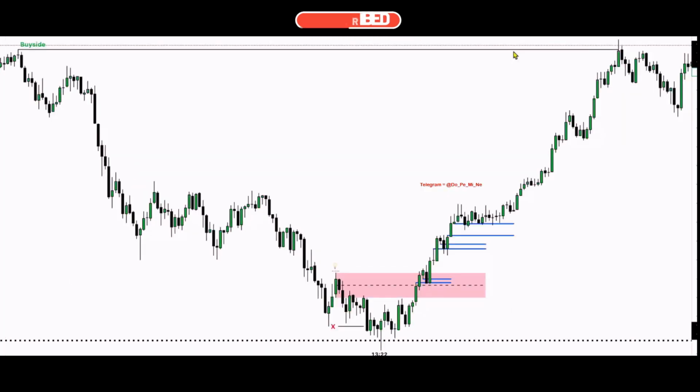If we go into even a lower time frame, we can see the following. We can see our market maker buy model in here. We can see that there's an original consolidation up here. Then we can see the distribution phases in which every retracement is being sold by smart money. And from there on, we can see that more buy side liquidity gets engineered here.